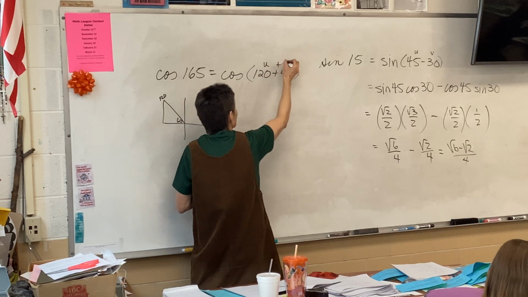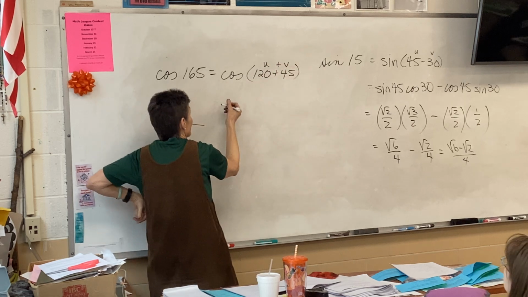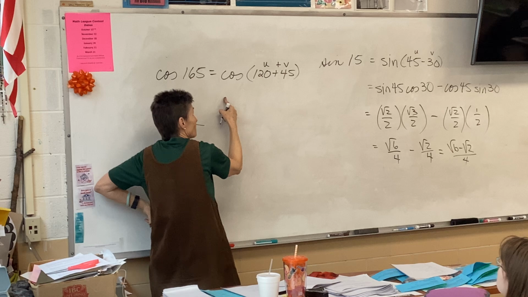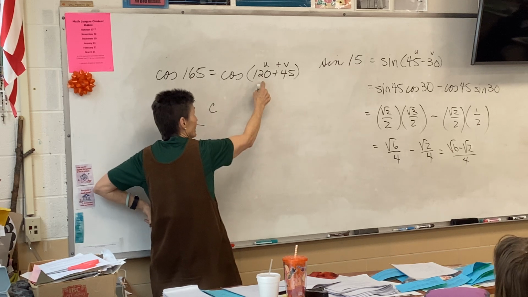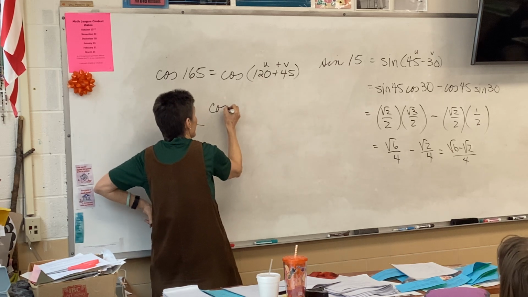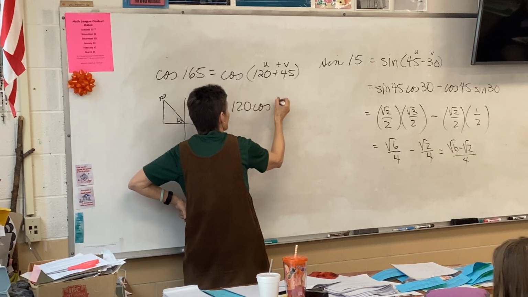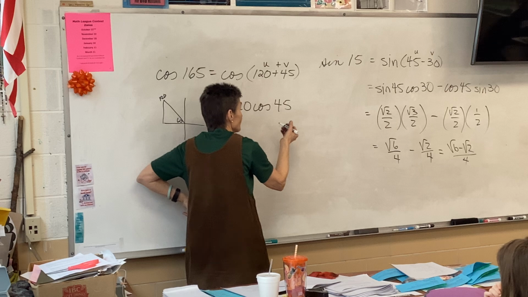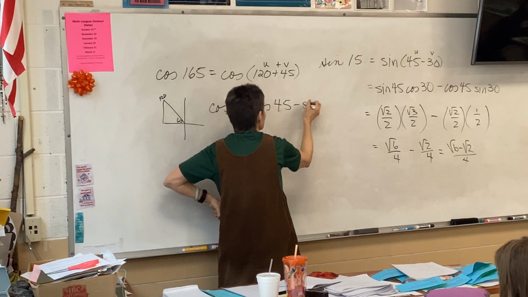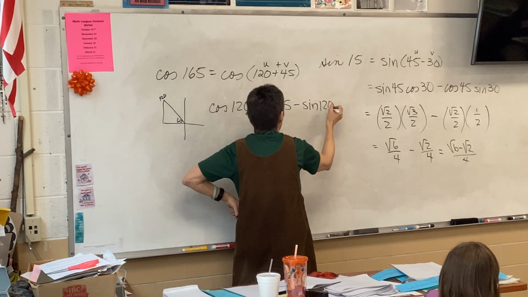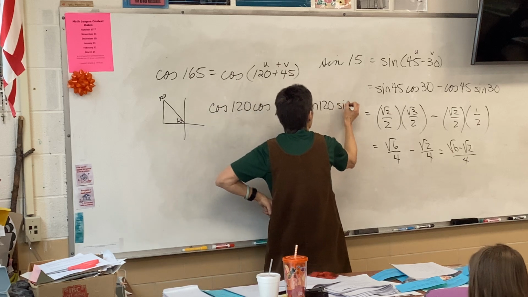These are added. This is u plus v. Formula says cos 60, no, I'm using 120. These are my angles. So it's going to be cosine 120, plus cosine, not plus, times cosine 45, minus sine 120 sine 45.